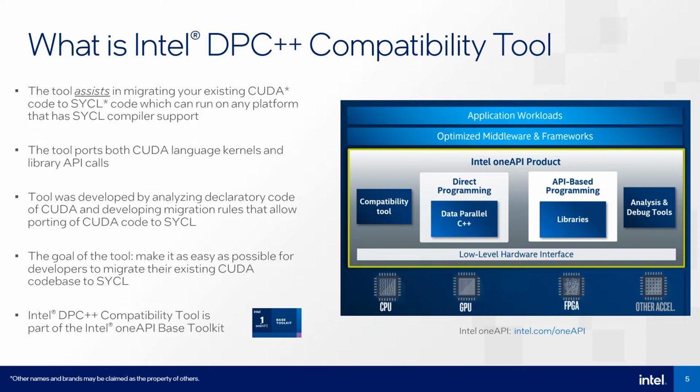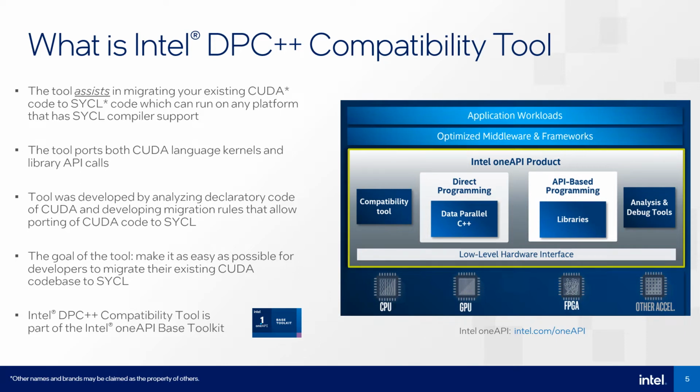The tool ports both CUDA language kernels and library API calls. For a CUDA kernel, the tool ports it to a SYCL kernel. For a library API call, the tool ports it to a library API call available in the oneAPI product. The tool was developed by analyzing the declarative code of CUDA and developing migration rules that allow porting of CUDA code to SYCL.